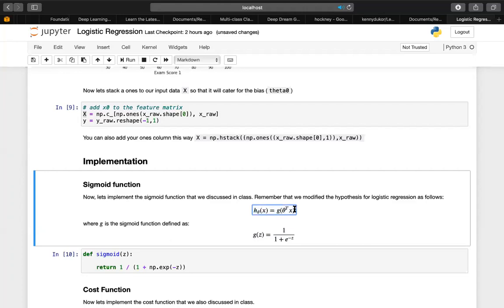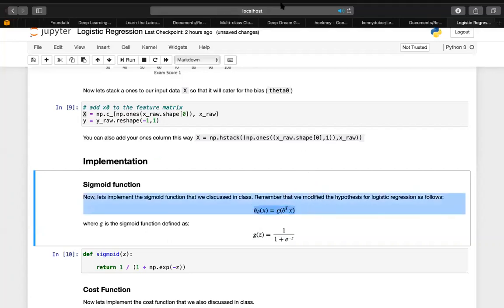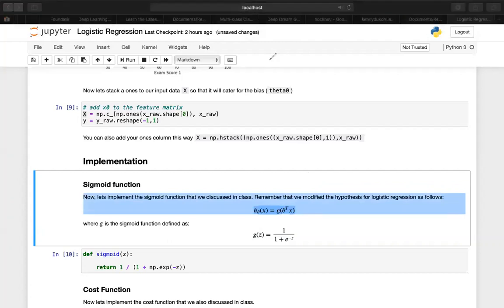Before now, h of x usually is just your theta times your x. We usually have it as something like h is equal to theta x. But for logistic regression, this is not what we are saying.